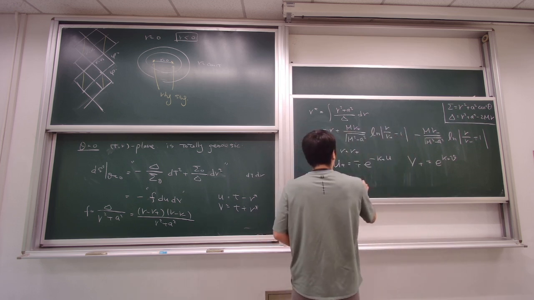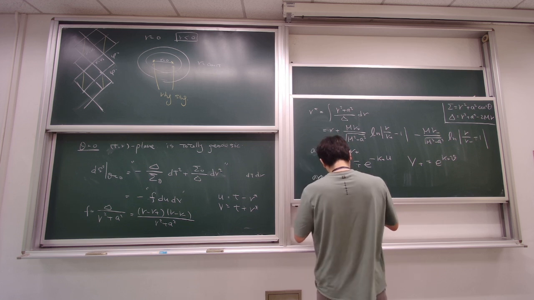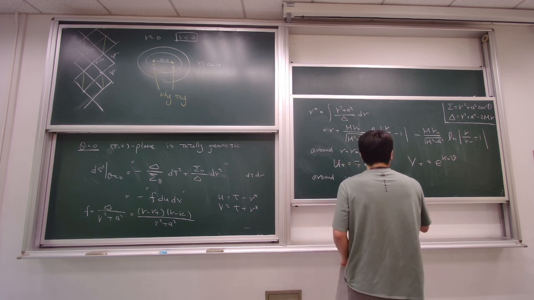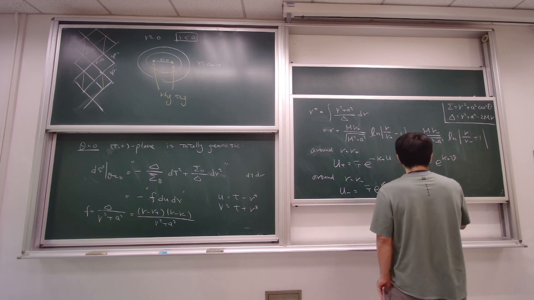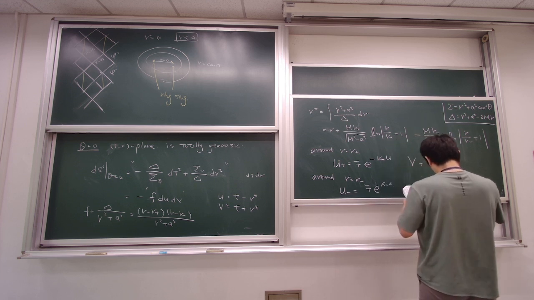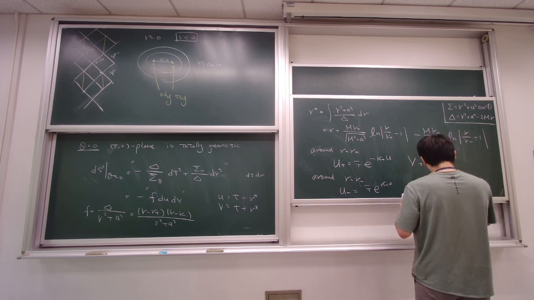And around r equal to r minus, U minus is equal to minus plus e to the kappa minus u, and V minus is equal to e to the kappa minus v, and I have to be careful about the sign somehow.